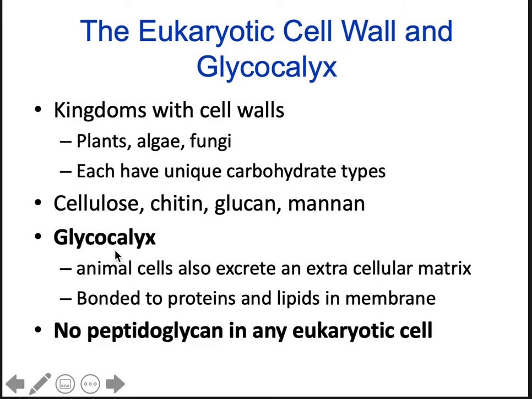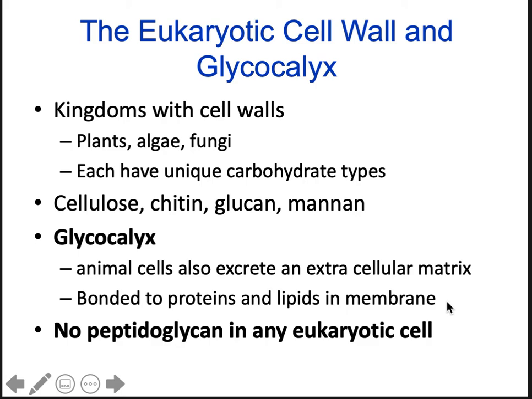The glycocalyx that we learned about for bacteria also exists in animal cells. We excrete it, but then we call it an extracellular matrix. And this is used to help make tissues, so bonded to proteins and lipids in the membrane.